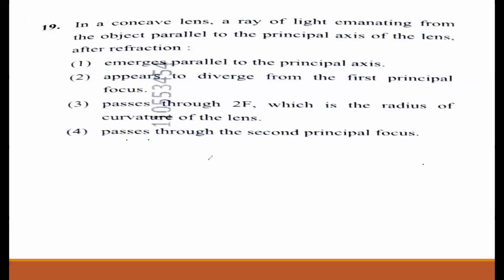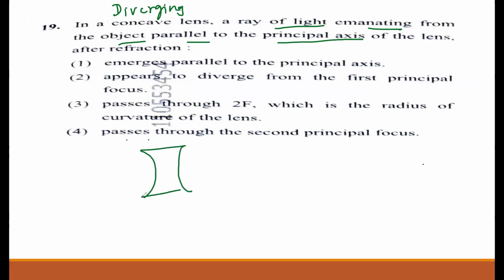Coming to this question, in a concave lens, which is a diverging lens, a ray of light emanating from the object parallel to the principal axis. So if I take a concave lens and this is the principal axis, if light rays are emerging parallel to it, after the refraction, they diverge away, they move away.